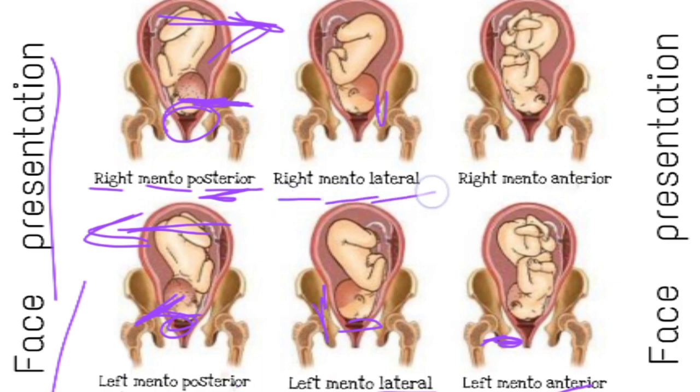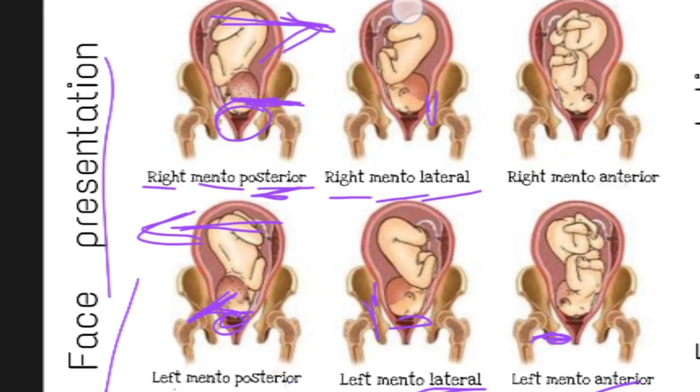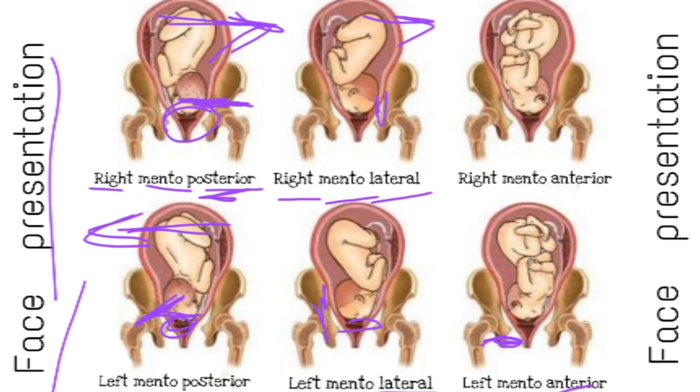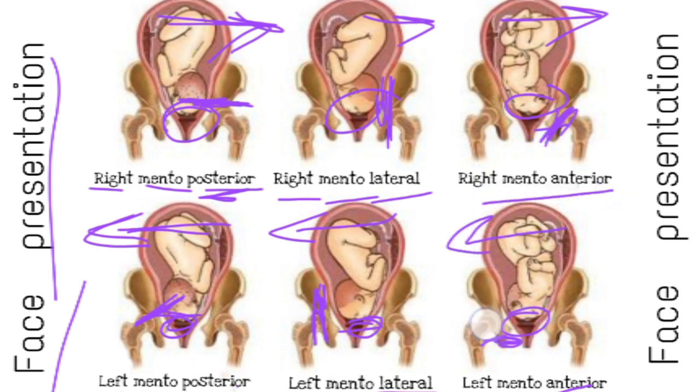Right mento lateral: the baby is facing right side, mento is visible, and the baby is placed lateral. Left mento lateral position. Right mento anterior, facing backwards. Left mento anterior position. These are the malpositions present in the face presentation.